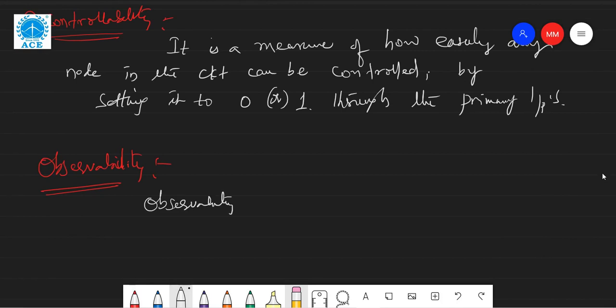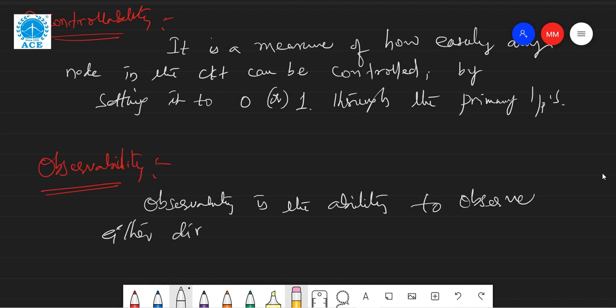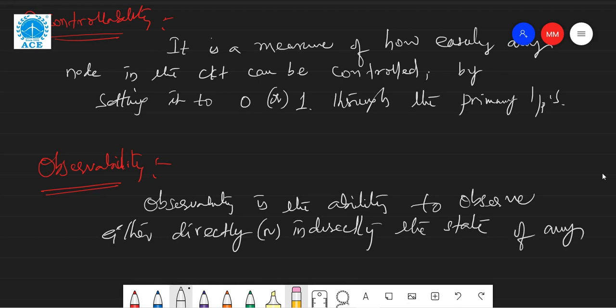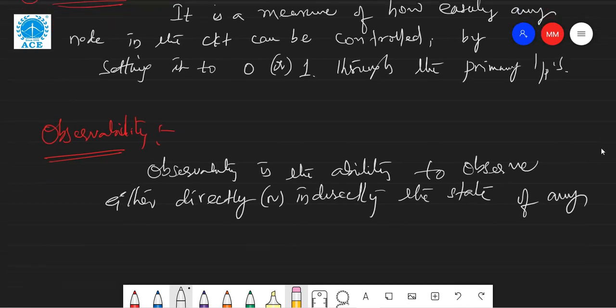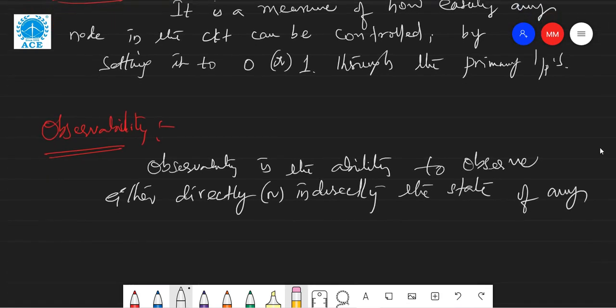So I can say observability is the ability to observe, either directly or indirectly, the state of any node in the circuit.